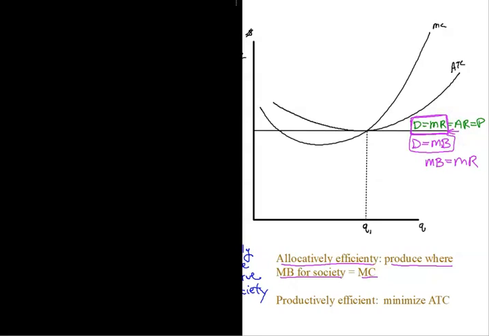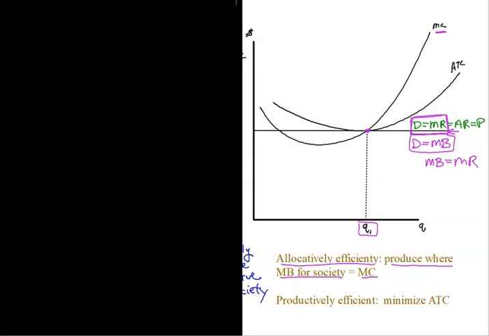The marginal benefits, the demand curve, are equal to the marginal costs at this level of production right here. That's where society wants. That means that society wants this company to produce Q1 units of the good, however much that is. That's what society wants to be produced.